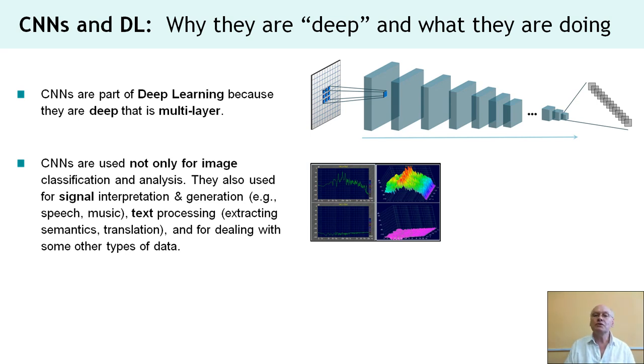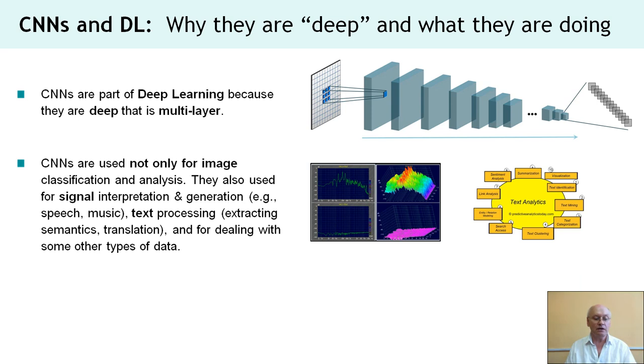To compose music, for instance, to analyze music, to compare different pieces of music, for text processing aimed at extracting semantics from text, for automatic translation from language to language, and for any other purposes where convolution is the basic operation. Of course, you cannot apply it everywhere, but where you need to convolve to analyze certain structures, like two-dimensional, three-dimensional, one-dimensional, signals, spectra, you can use that.